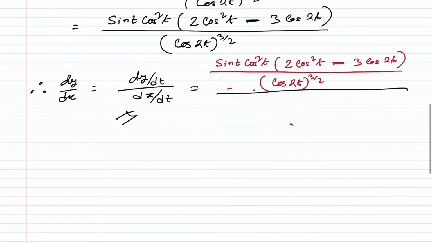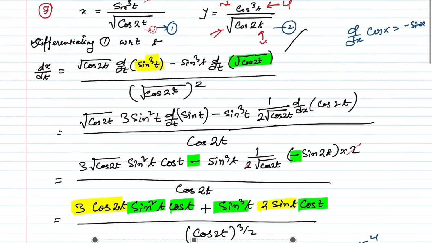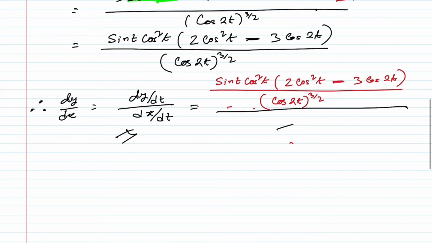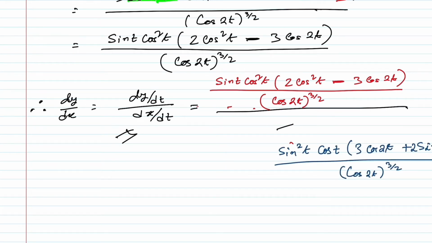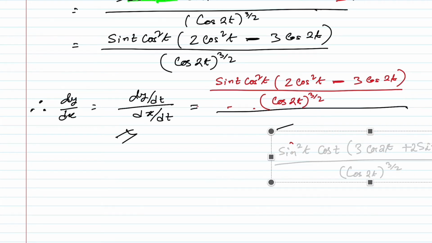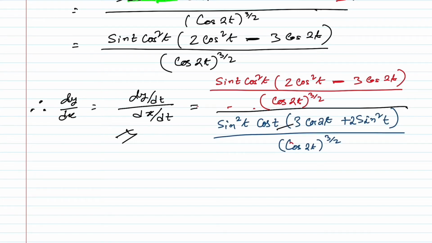Okay, so this is the term dx by dt. Here you can see these two terms cancel, the denominators of the numerator and denominator cancel.